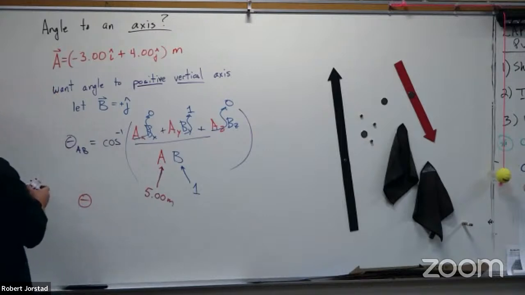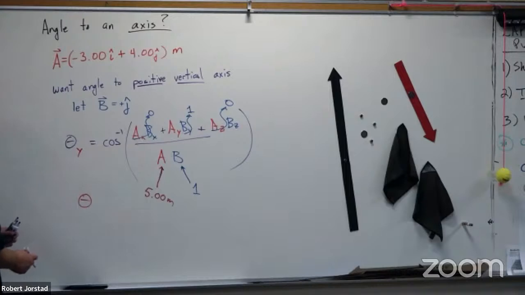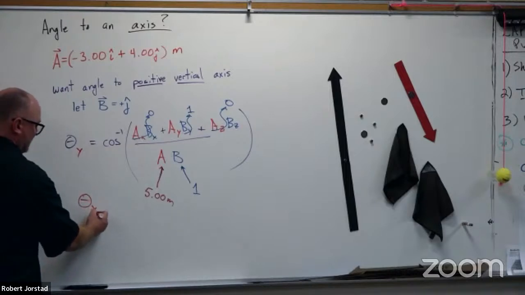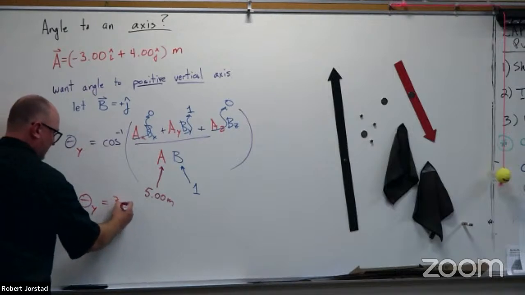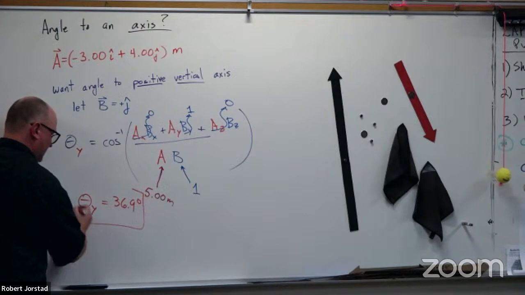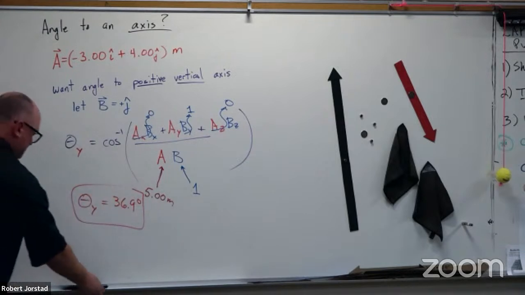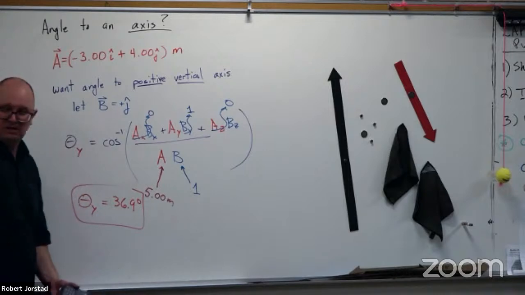Oh, and usually we wouldn't call this theta AB. We would call this theta Y, because we're going to the y-axis. We could say the angle to the y-axis for this particular vector would be 36.9 degrees. All right, so that's how you can modify this to get the angle to the axis. Basically, just use a hat vector here. Good to go. All right.